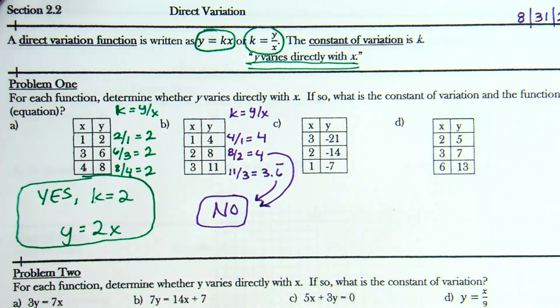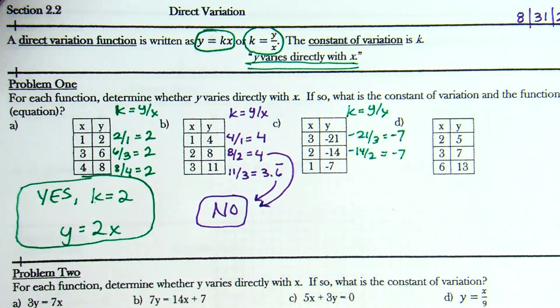So what is negative 21 divided by 3? Negative 7. Next one. Negative 14 divided by 2? Negative 7. Last one. Negative 7 divided by 1 is negative 7.